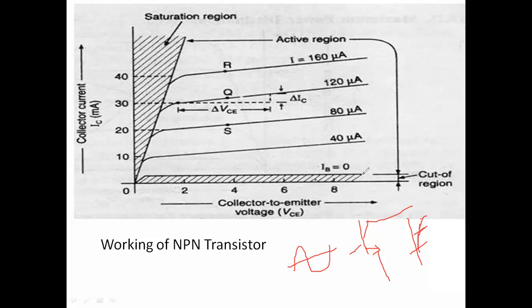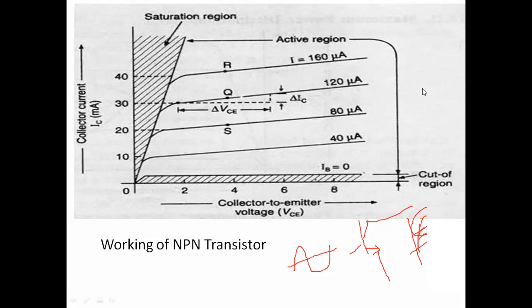When the transistor is operated in the saturation region or cutoff region, some of the signal is cut off and some loss of the signal takes place. That's why the transistor should never be operated in the saturation and cutoff regions. It should be operated in the active region only.